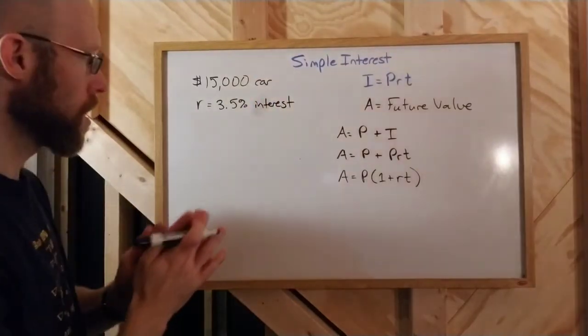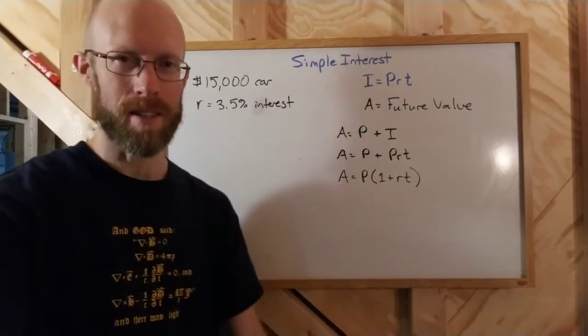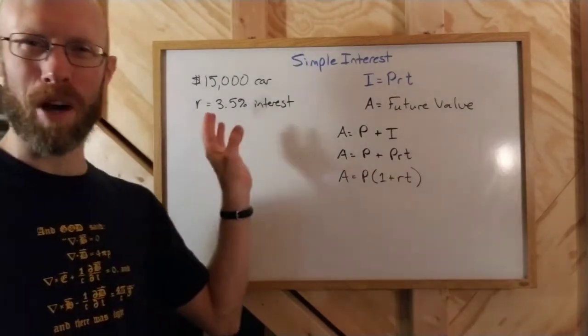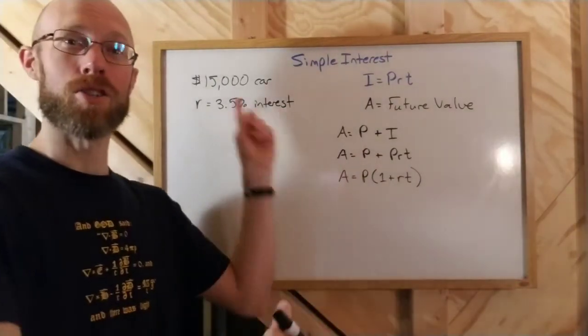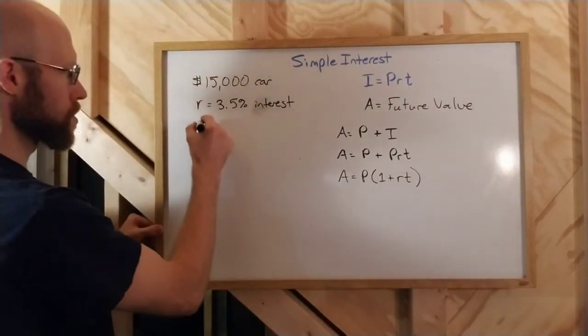On this loan, or no, on this deposit. You're depositing this money. Sorry, confusing myself here. Did I say loan earlier? I want to deposit money to try to get back $15,000, and I want this over a 2-year period.